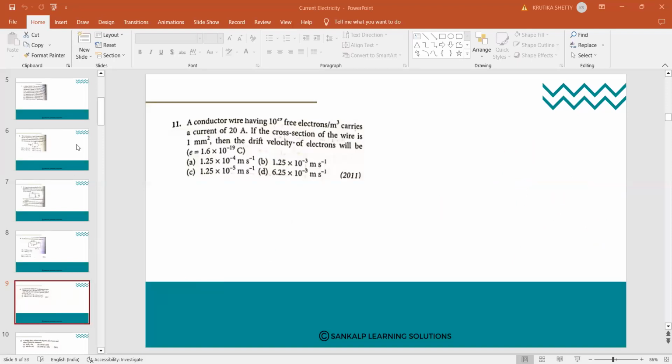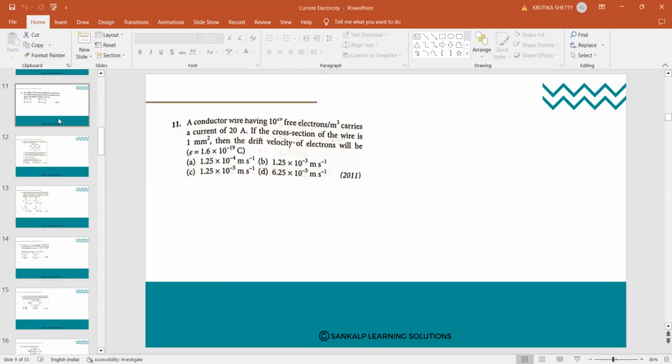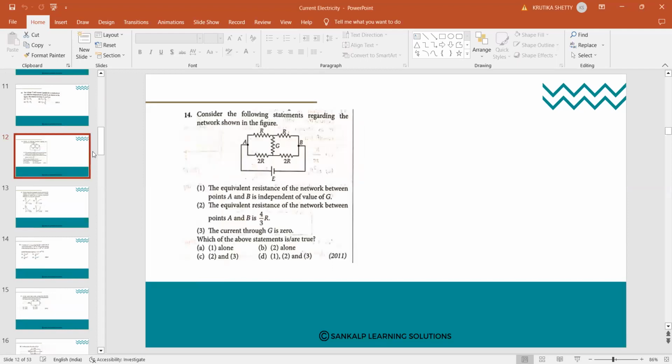The next question is actually based on color band, but right now we don't have color band in the syllabus. It's okay, so we will see the next question. Consider the following statements regarding the network shown in the figure.